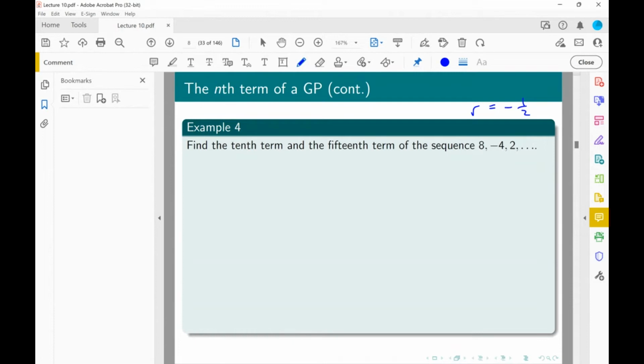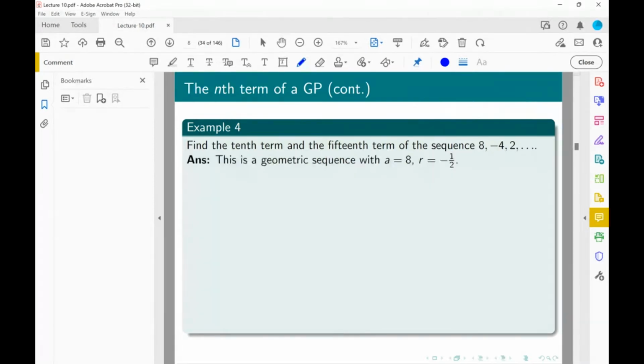Yeah, a is 8. That's the initial term, and that's enough to fix the entire sequence as a GP. And so really, we could just find the general nth term, and that's going to tell us what the 10th and 15th terms are.